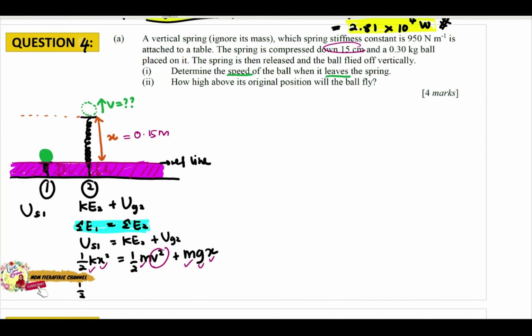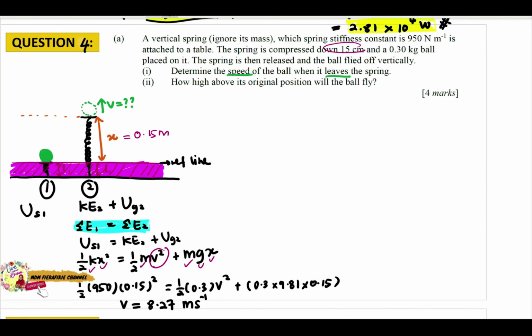Half, K is 950, X is 0.15 squared equal to half and the mass is 0.3 kg, V nak cari, plus mass 0.3 times 9.81 and X is 0.15. So dapatlah V dia. Tekan kalkulator, you akan dapat 8.27 meter per second. Okay, so this is the answer.